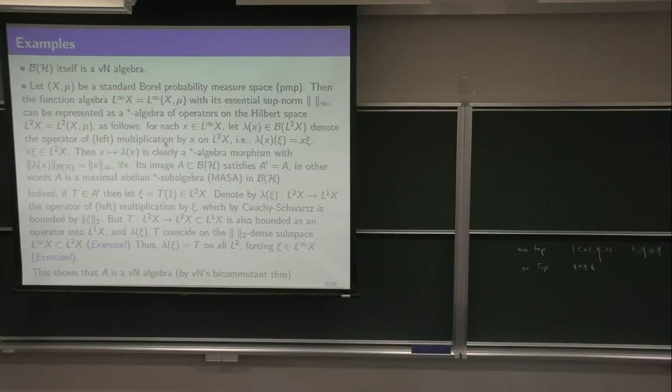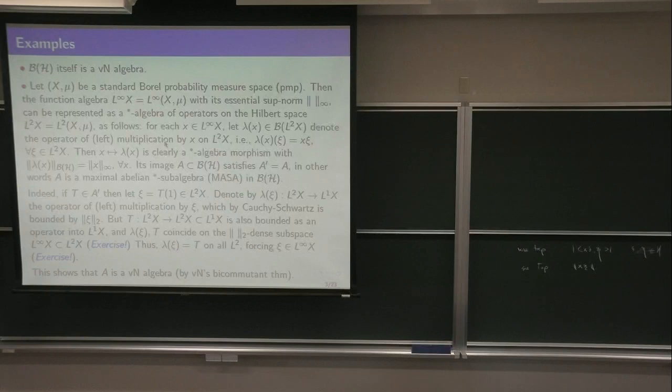And that's one of my preferred exercises for the qualifying exam at UCLA, to tell you the truth. So, okay, here is another exercise. Therefore, lambda of xi is equal to t on all of L2, and that forces xi to be in L infinity. That's the second part of this qualifying exam exercise.